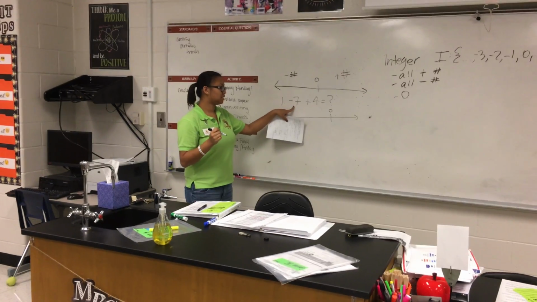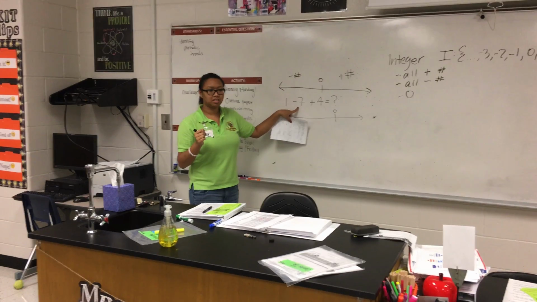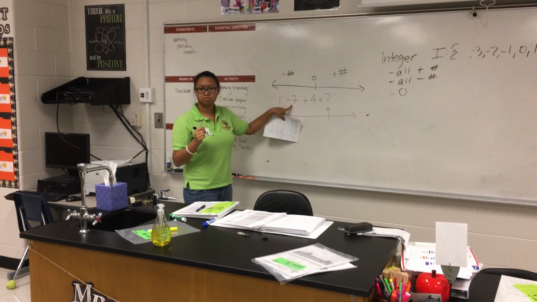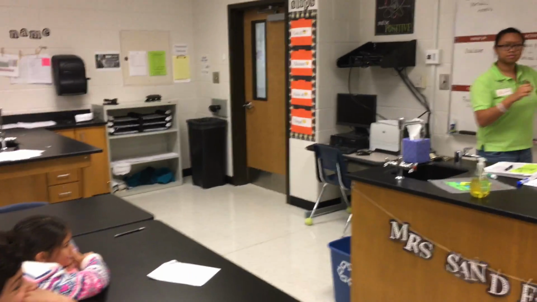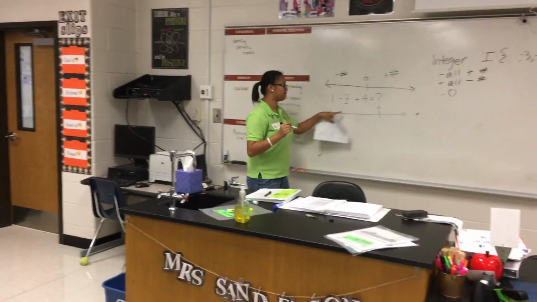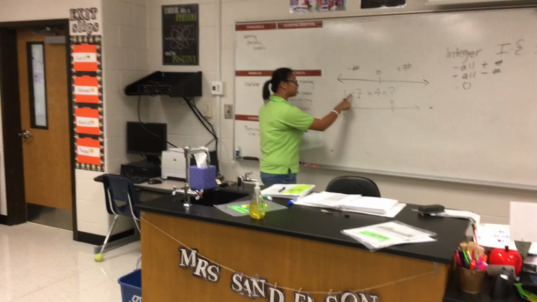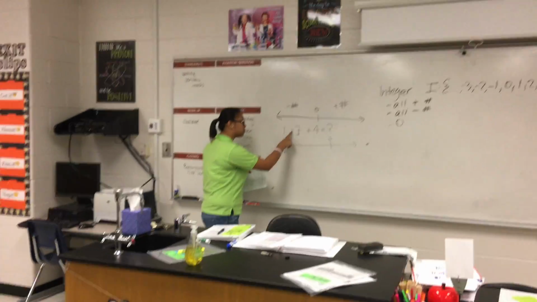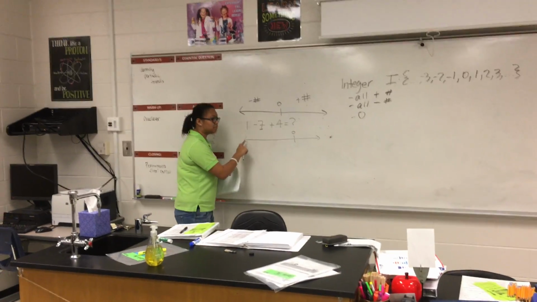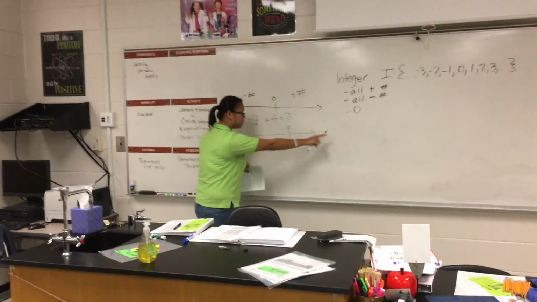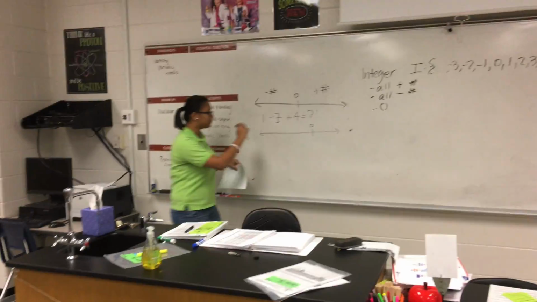How many steps do you need to walk for the first one? 7. Okay, there's a negative. So do we walk 7 steps this way to the left, or 7 steps that way to the right? Left.